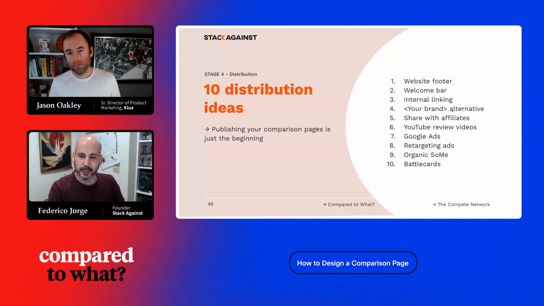Okay, number 4 is targeting your brand alternative to. And again, continuing the Cloudways example, we did around 10 or 11 competitor pages, but we didn't do one for Cloudways alternative.